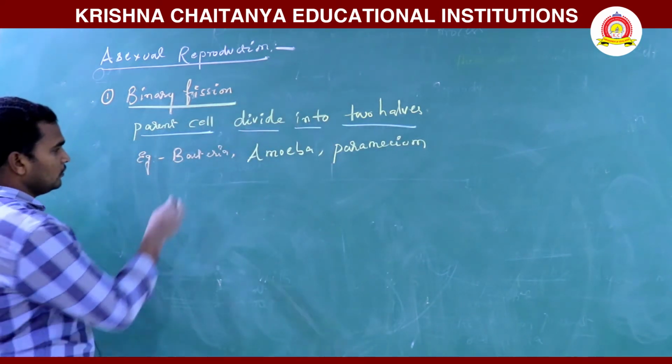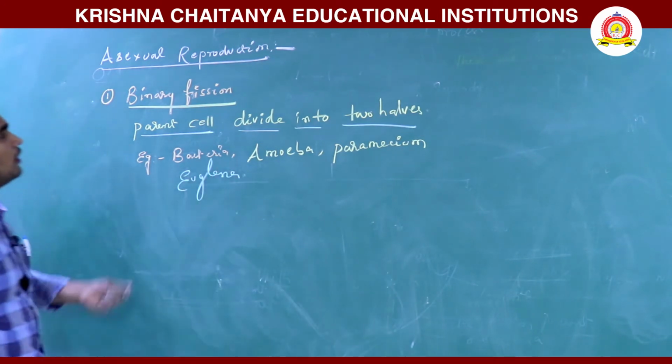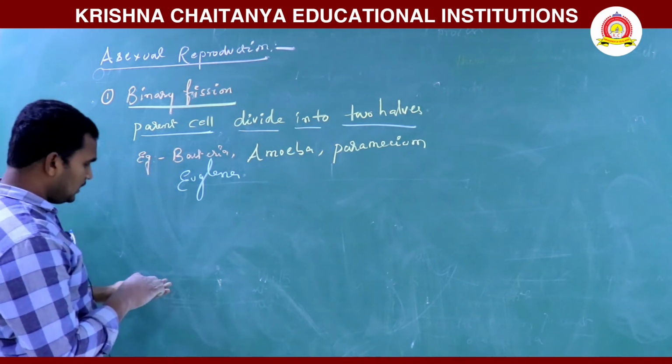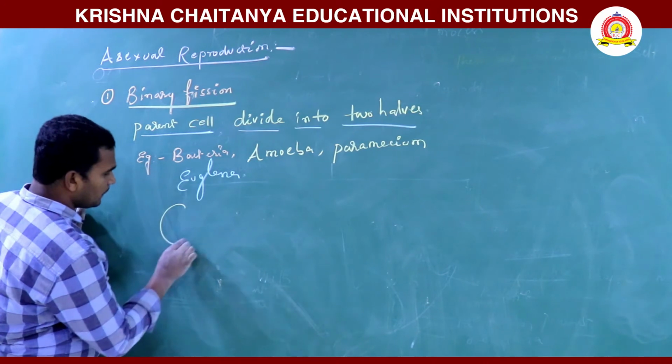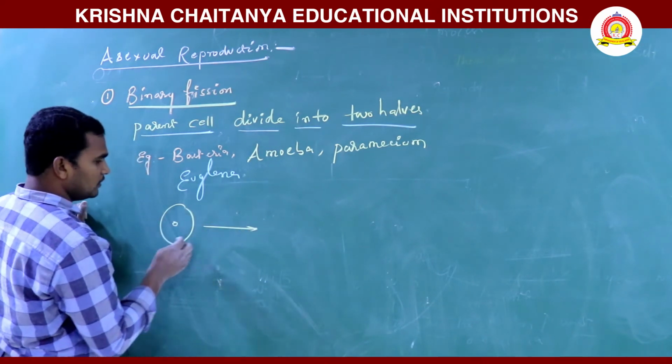Next one is Euglena. These are all examples of binary fission. See here, this one cell is divided.